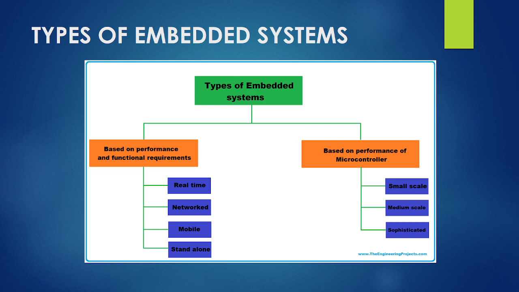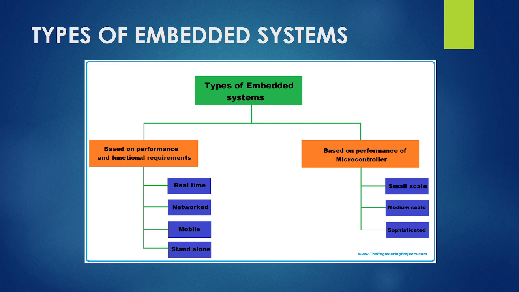And based on the performance of the microcontroller, we divide embedded systems into three categories: small scale, medium scale, and sophisticated. A small scale embedded system includes any microcontroller which is 8-bit or 16-bit, and it has very limited resources in terms of memory, processing, and so on. In medium scale, we generally use 16-bit to 32-bit microcontrollers, and it is better than the small scale, with more resources.